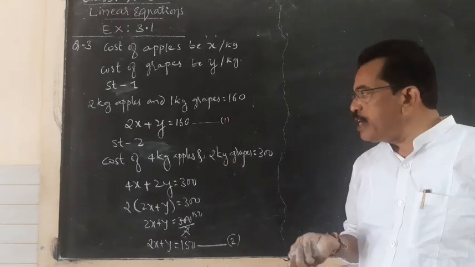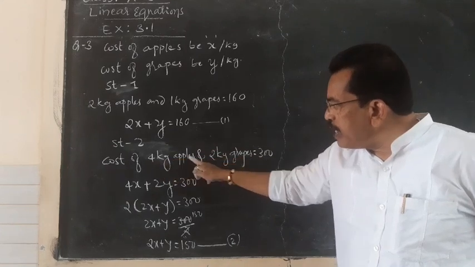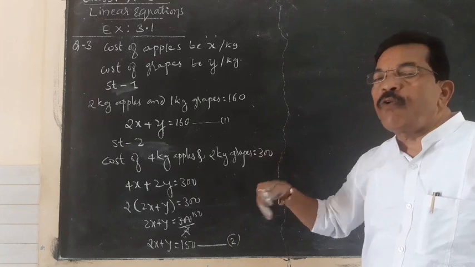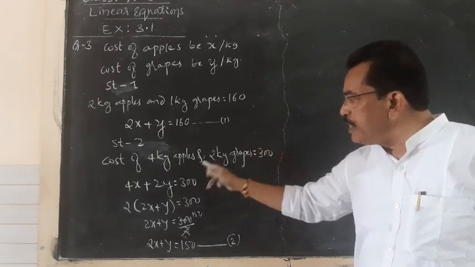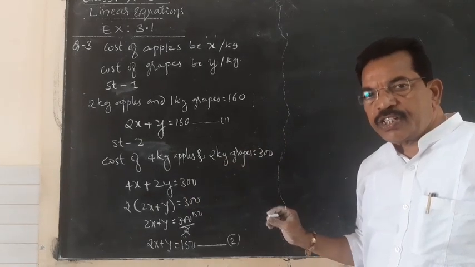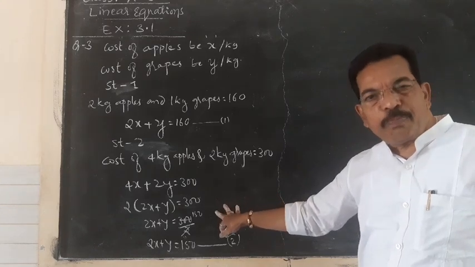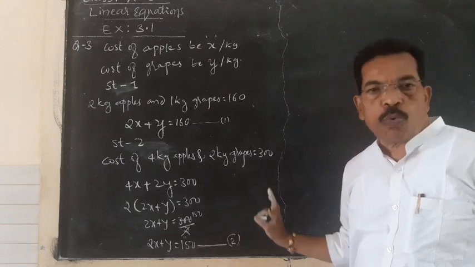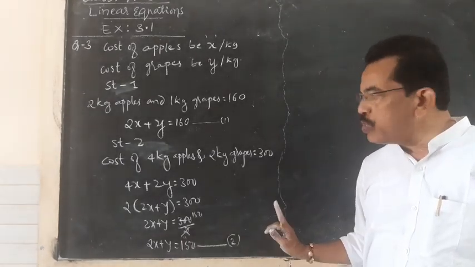In the second statement, the cost of 4 kg apples and 2 kg grapes is 300. That means 4 into x, that is 4x, then 2 into y, 2y, equals 300. We simplified on the basis of the basic principles of mathematics and got 2x plus y equals 150.